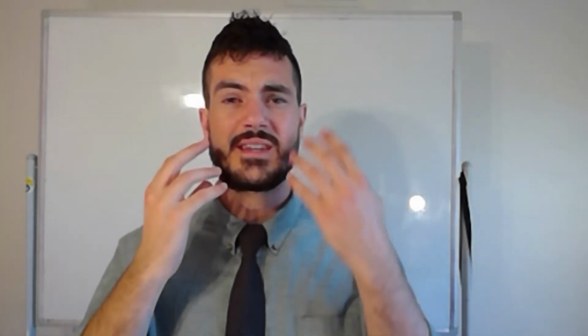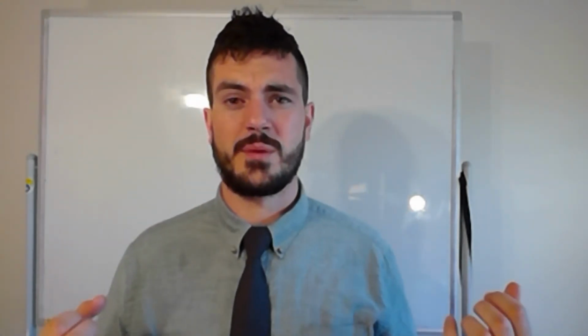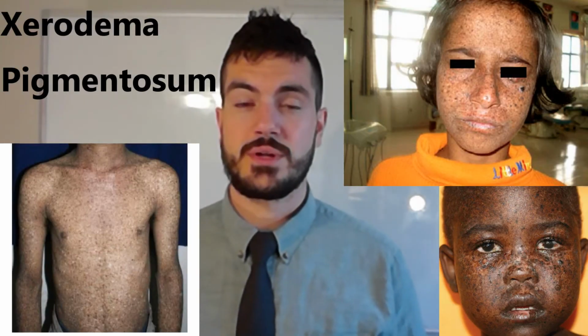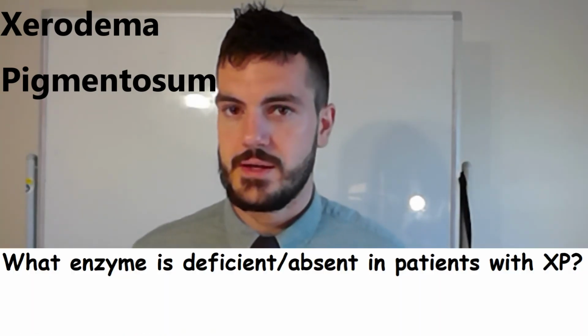I'm gonna get blisters, and my skin is just gonna be all damaged and broken and bleeding, and it's very sad to see individuals have to go through this type of thing where they have to hide from the sun all the time, and that's called xeroderma pigmentosum, and it's a pretty rare condition, but they're lacking a very important enzyme.